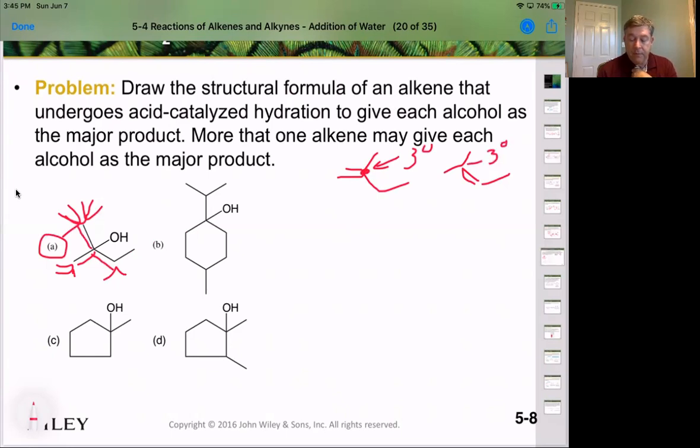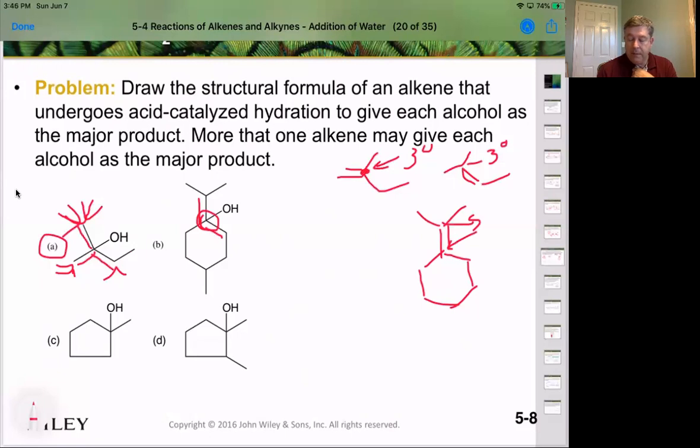So in the case of number B here, that means that our double bond could have been here or here. Either way, it's going to give us a tertiary carbocation here. So our part B could be this right here. Oh, it couldn't be that, because then we could get it here or here.